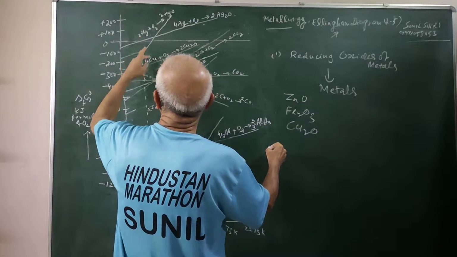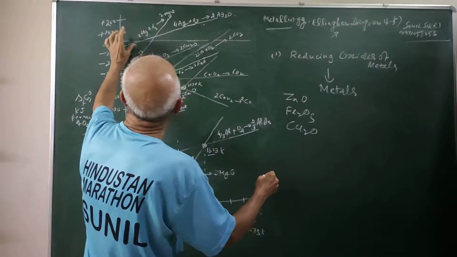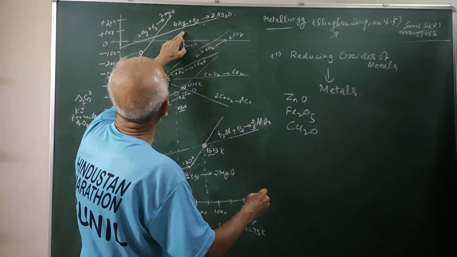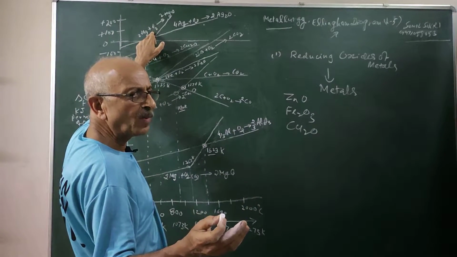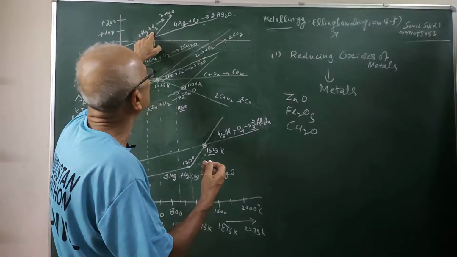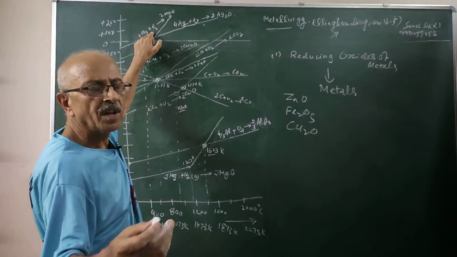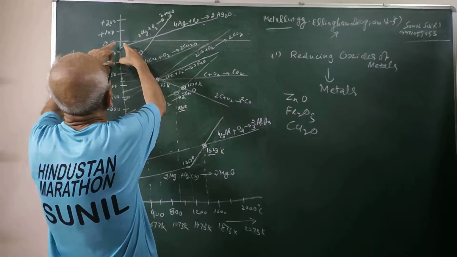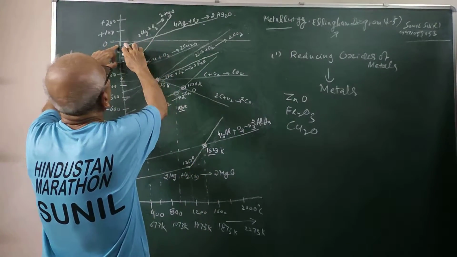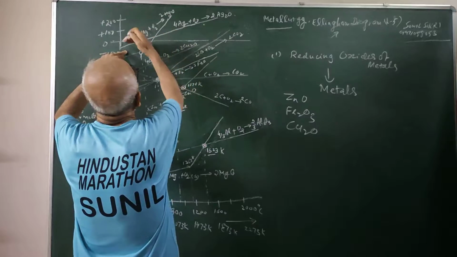that there are certain metals, silver and mercury, which we get by direct heating, which we call pyrometallurgy, because these metals dissociate at lower temperature. Their dissociation temperature is low. As you can see, the value of delta G becomes positive.